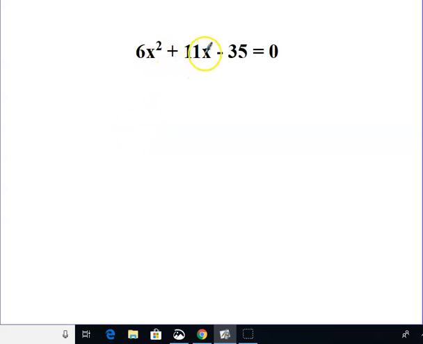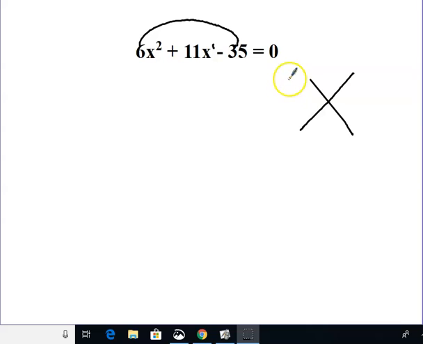This problem has a square and another x raised to the 1. I need to factor to solve this one. This one's not quite as easy as the previous problem. I teach my students to multiply the front and back.